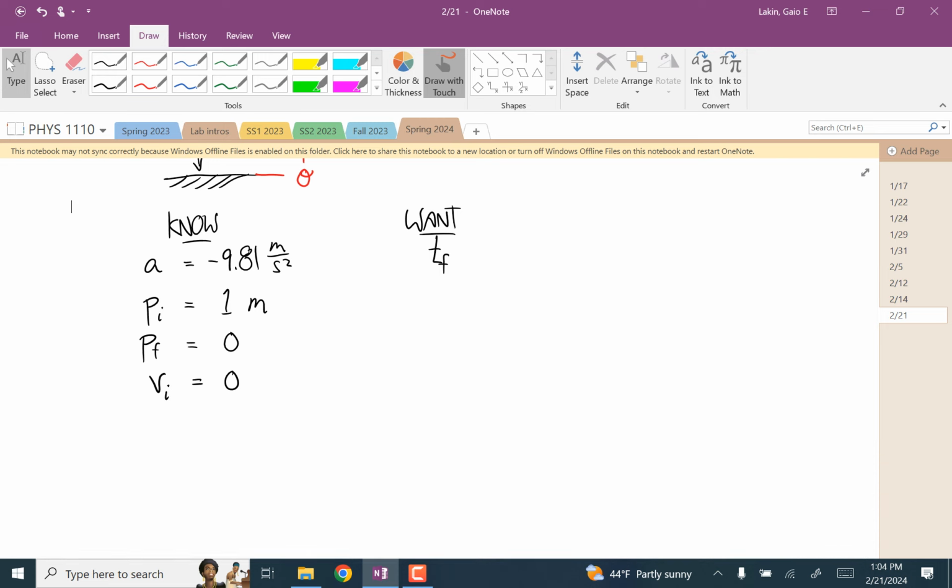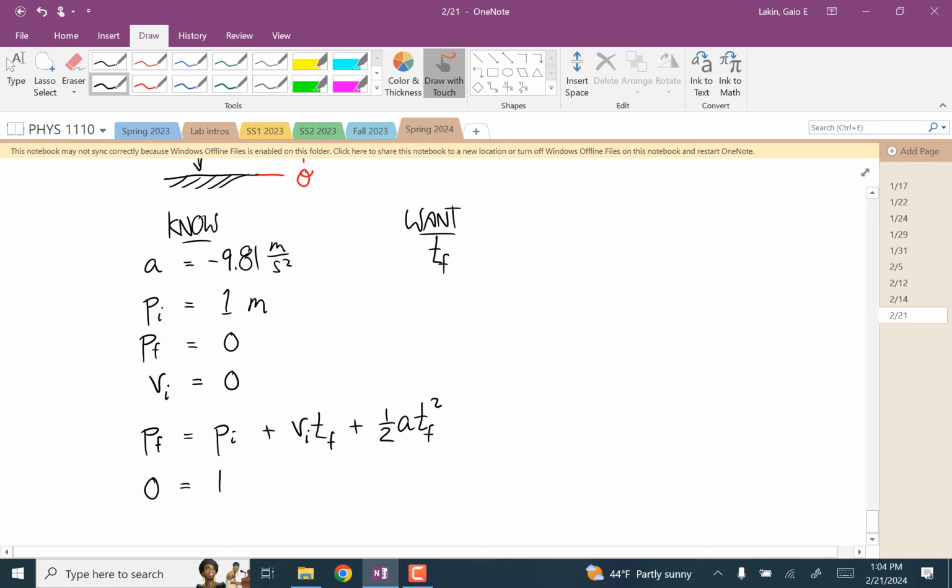And the equation that's going to work is PF is equal to PI plus VI TF plus 1/2 A TF squared. So 0 is equal to 1 plus 0 minus 4.905 TF squared.